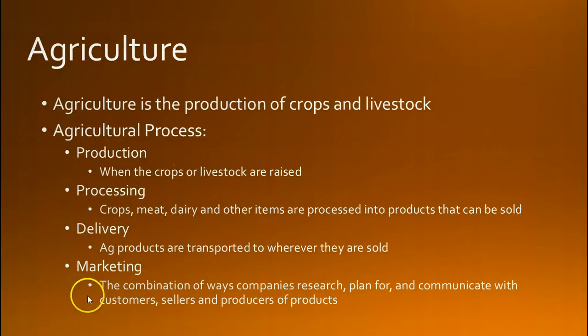So all of these four parts go into the actual process of agriculture. It's not just crops and livestock, it's the whole process of planting the crops, raising the crops, processing them, delivering them, marketing them.